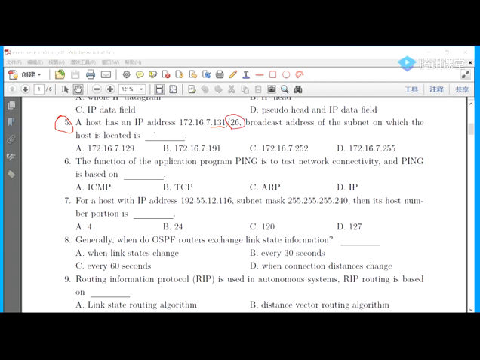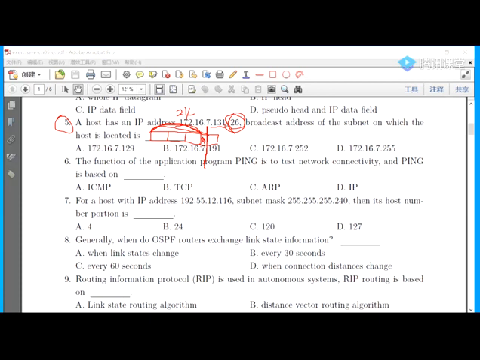That means the IP address occupies 4 bytes, and with /26, the boundary locates here. 3 bytes is 24 bits, then 2 more bits here. That is /26, right?